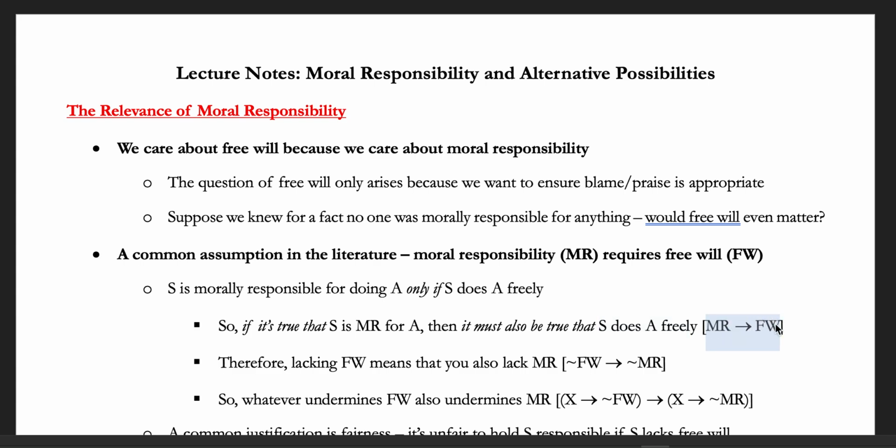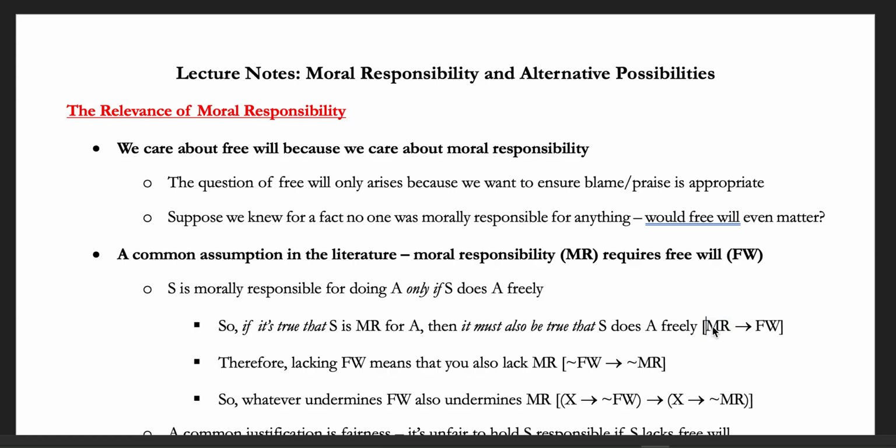And to put this in logical terms, or to show more explicitly the conceptual relationship between these terms, moral responsibility entails free will, or requires free will, or presupposes free will. So moral responsibility is a sufficient condition. It's enough.